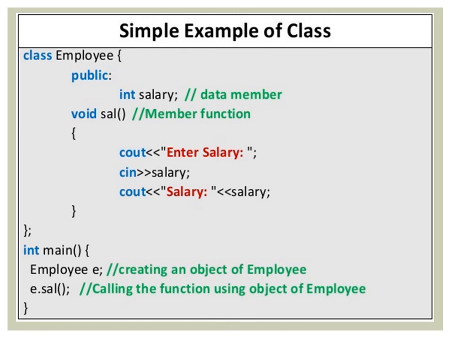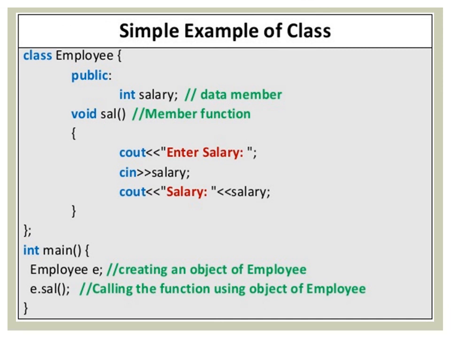So this is the body of the sal function. Here cout "enter salary", cin salary, that is we are taking the salary from the user and reading that salary, and here we display that salary. Okay, closing the function body and closing the class, that is, the scope of the class starts here and ends here.